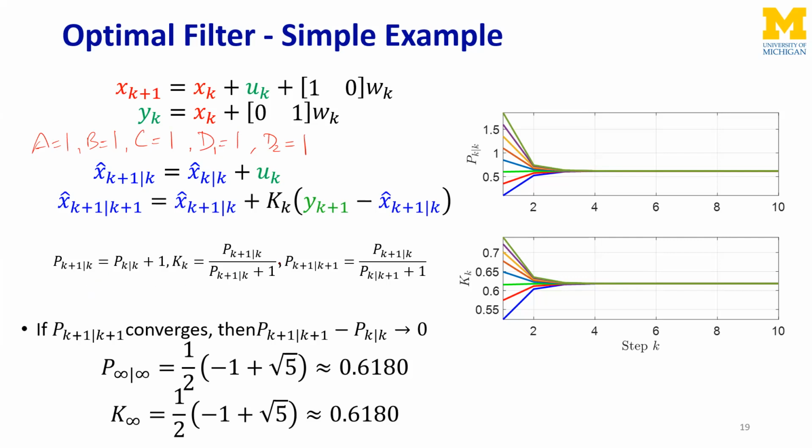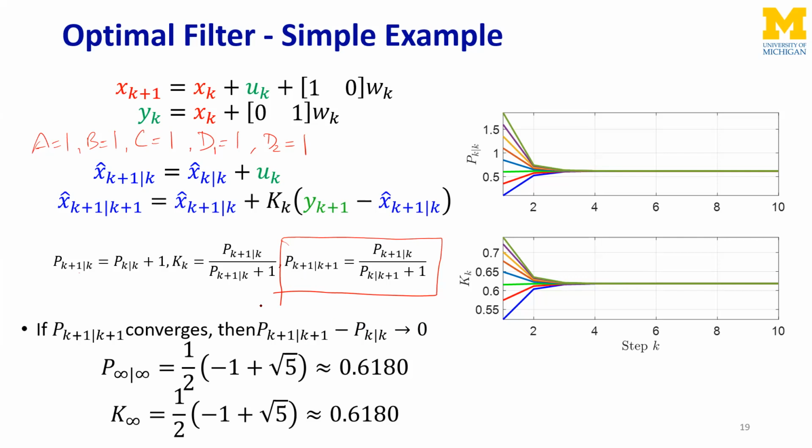Now let's assume that our posterior covariance converges. If that were the case, I can substitute these here, and then I'm going to get the dynamics of the posterior covariance. And then I can replace all of them by P infinity, because if P k given k converges, then the difference between these terms goes to 0.